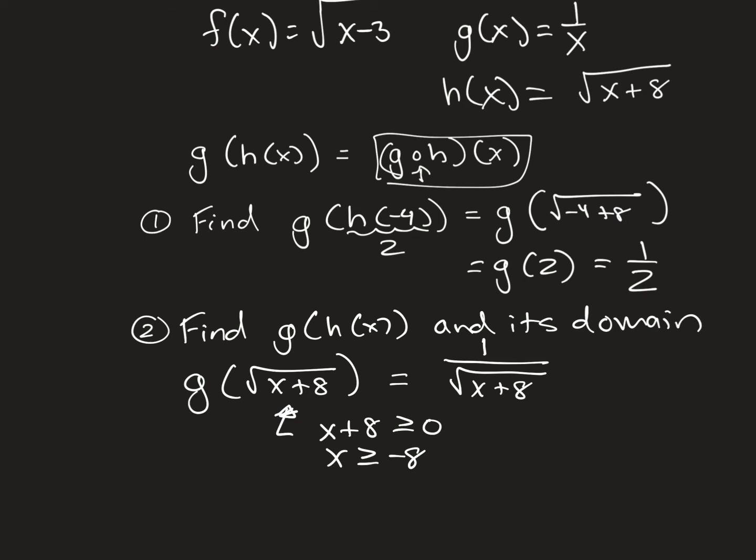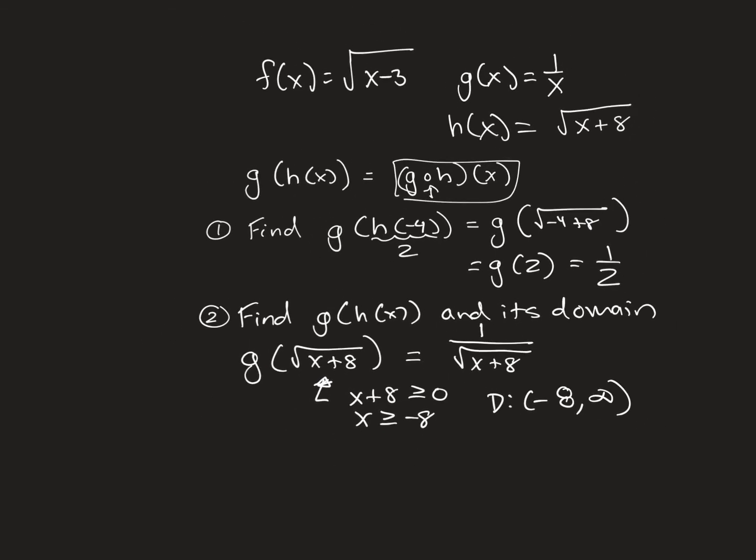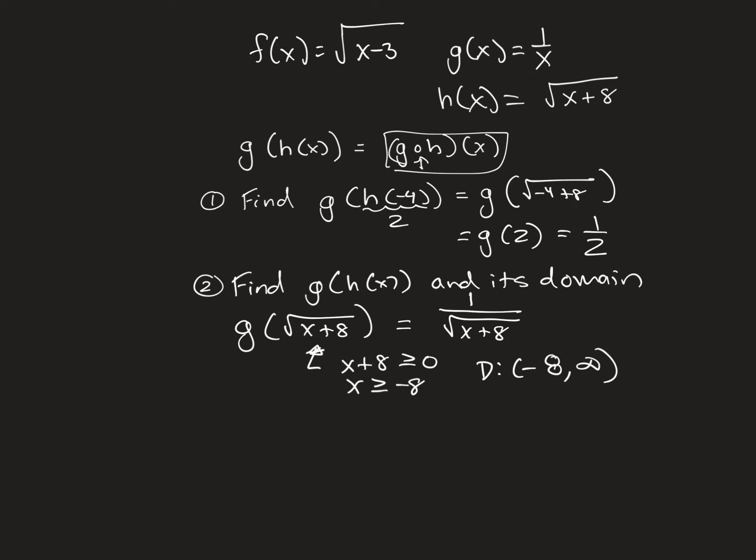My overall domain is negative 8 to infinity, exclusive of negative 8, because that's where the denominator would be 0. So for the domain of a composition, it's the domain of the inner function and the end result that you have to keep in mind.